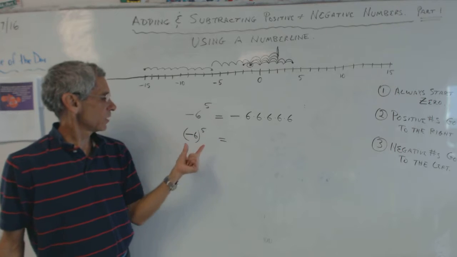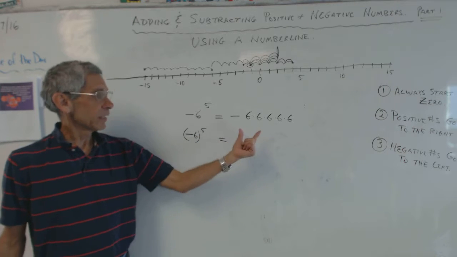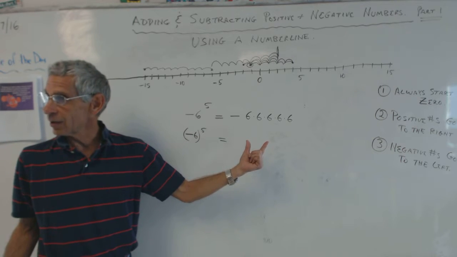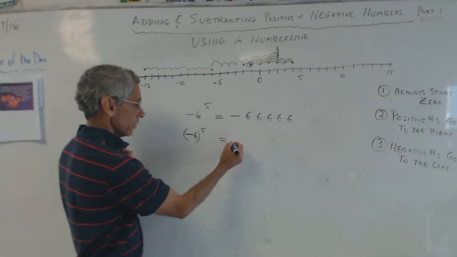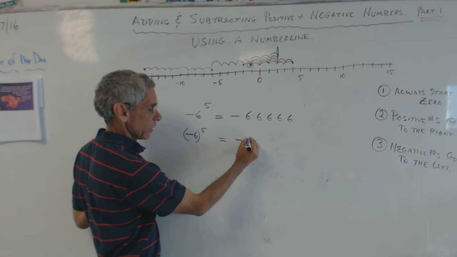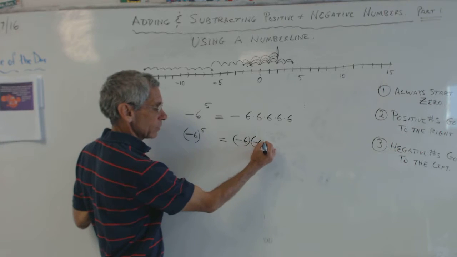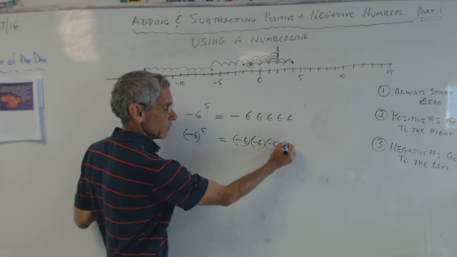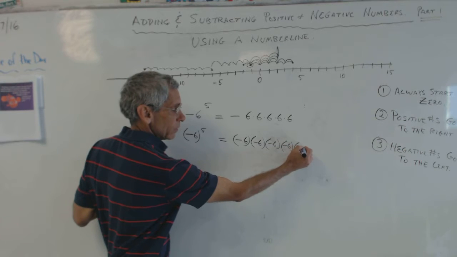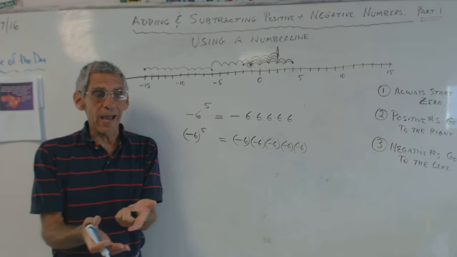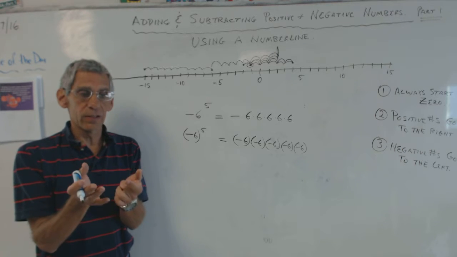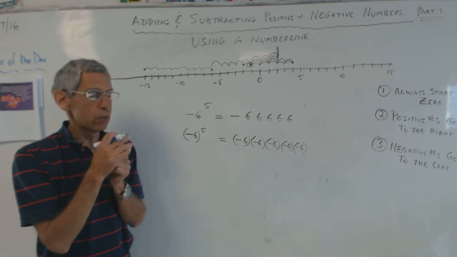This means something very different. You're going to get exactly the same answer, only because the exponent is odd. But this one means negative 6 times negative 6 times negative 6 times negative 6.